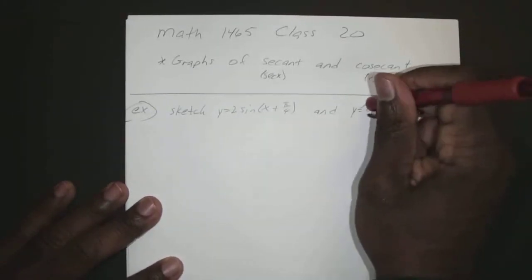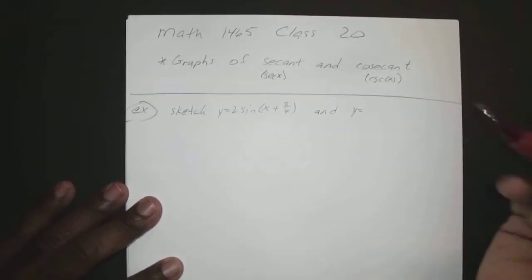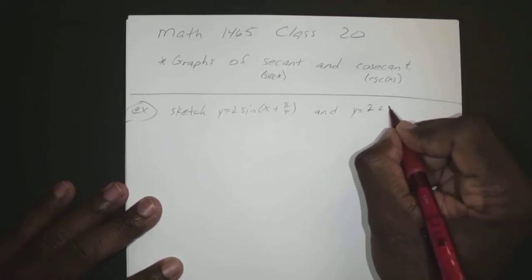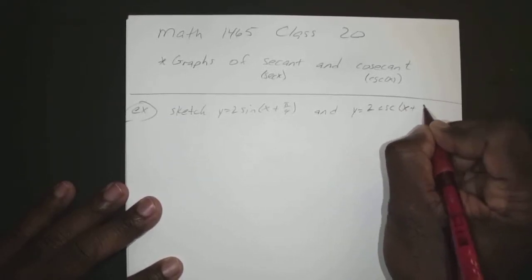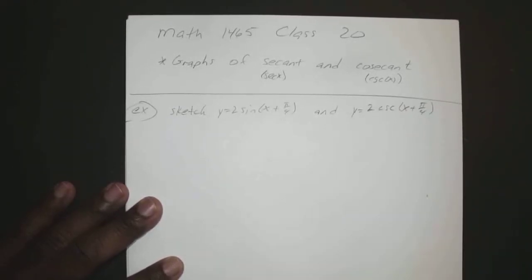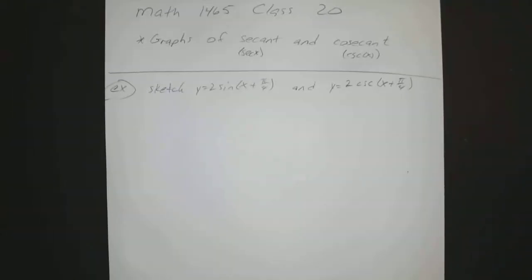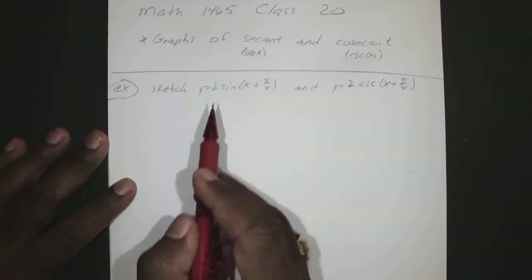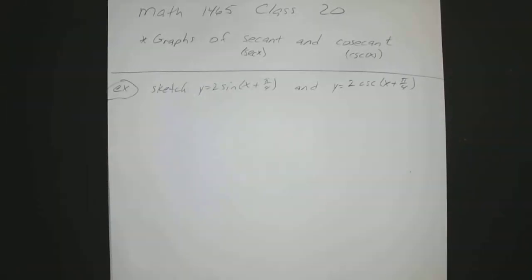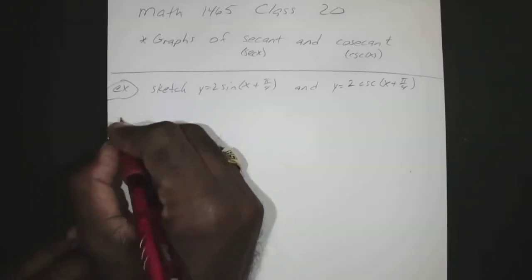And y equals 2 times cosecant of x plus pi over 4. Okay, so first we're going to do the y equals 2 times sine of x plus pi over 4.